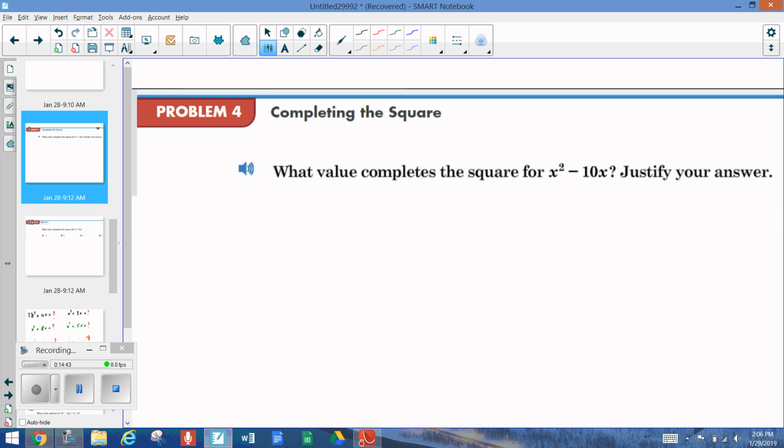Okay, completing the square. x squared minus 10x. Here's the formula that you need to keep in mind: (b over 2) squared. So what is b here? Negative 10 is correct. Remember this, who's going to tell me the standard form?